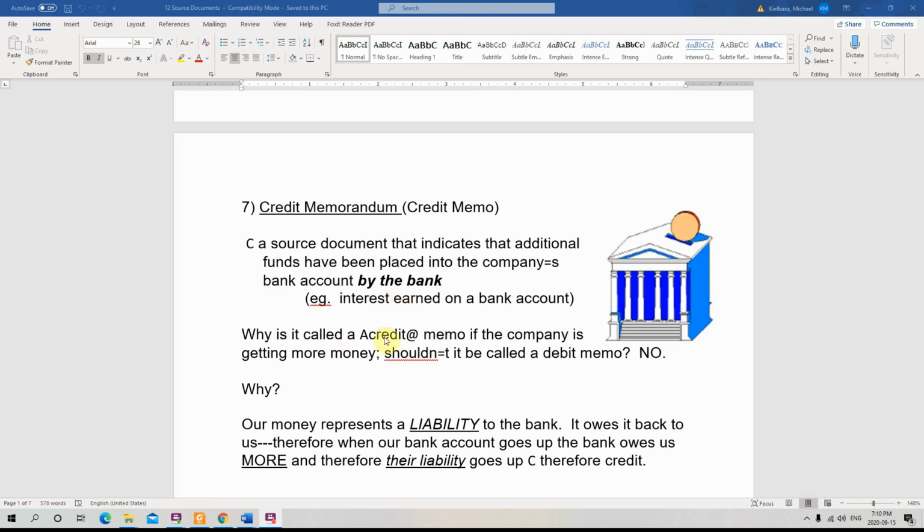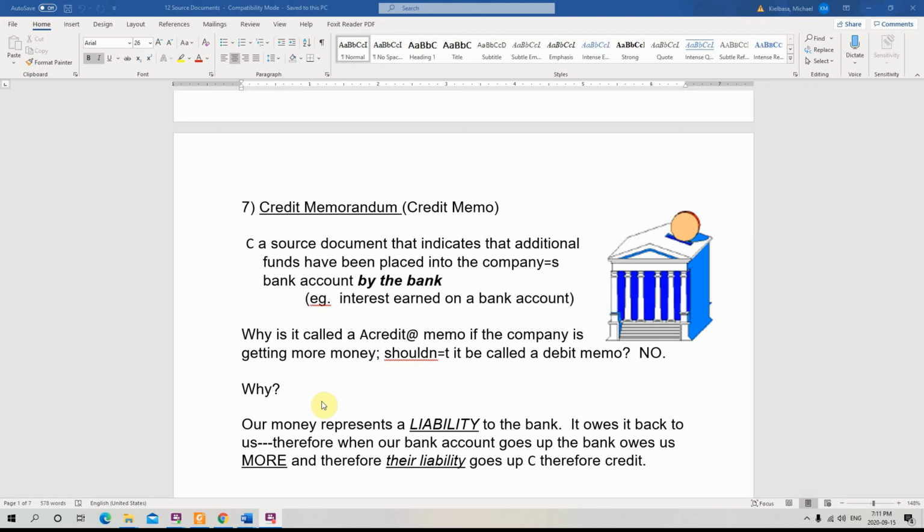Now, why is it called a credit memo if the business is getting more money? Shouldn't it be called a debit memo? And the answer to that is no. The reason is your money represents a liability to the bank. So every time you put money in the bank, you're increasing their liability.